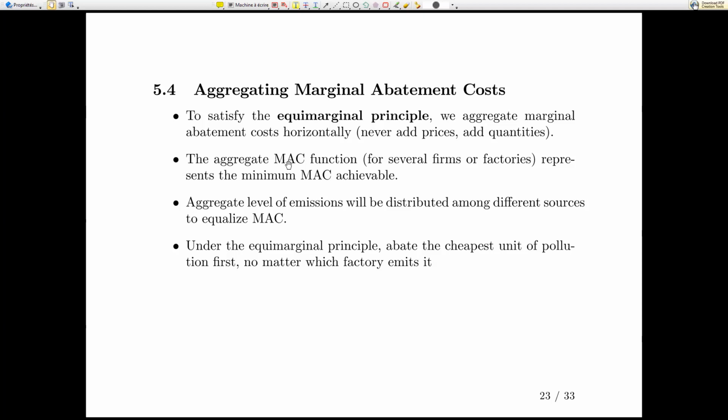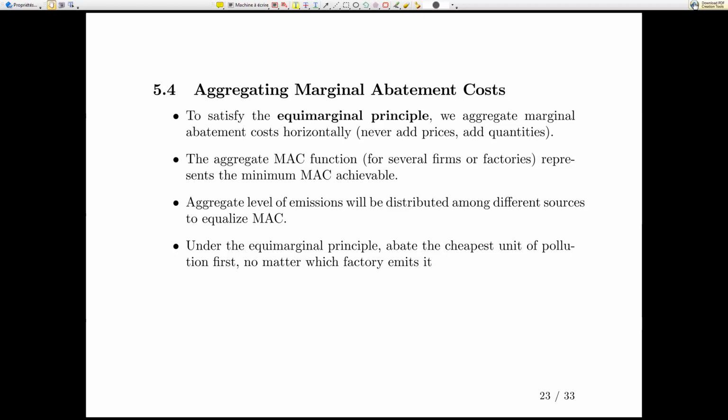All right. So how do we do that? Well, we have to equate the marginal cost of abating emissions to the marginal benefit of abating emissions. So this means that we have to know what is the minimum possible abatement cost for every possible level of abatement. And this is why we need to aggregate the marginal abatement costs.